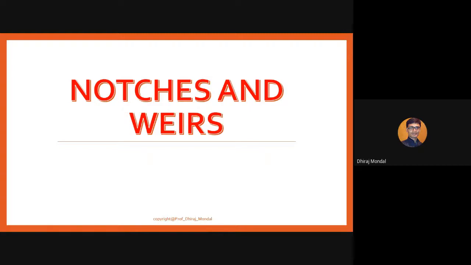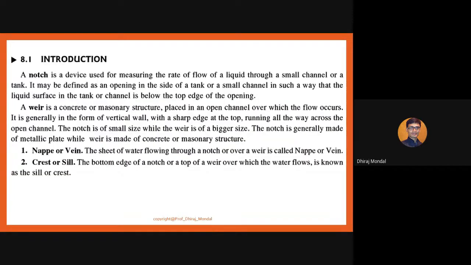The notch is of small size while the weir is bigger. The notch is generally made of a metallic plate while the weir is made of concrete or masonry structure. I hope it is clear. You can see the definitions of notch and weir written here.